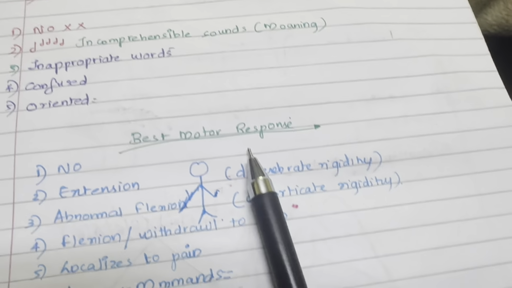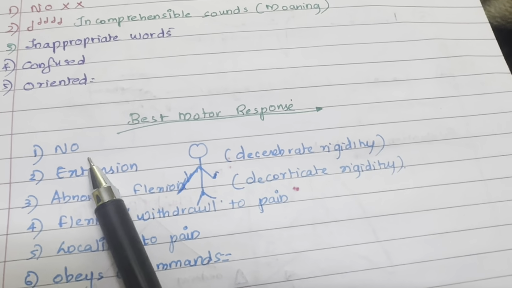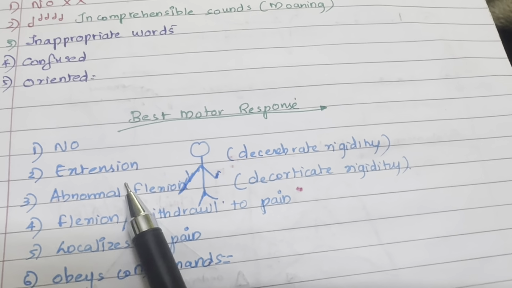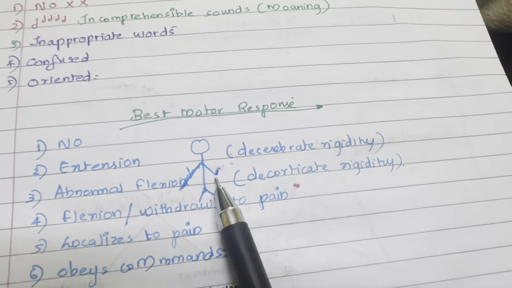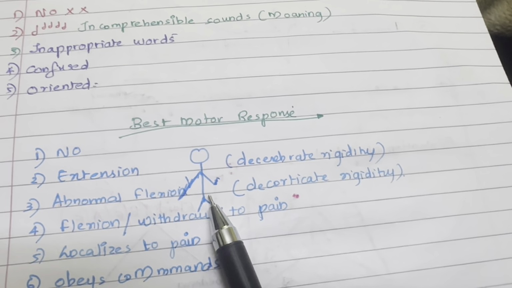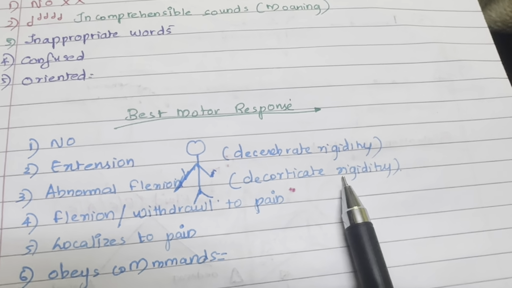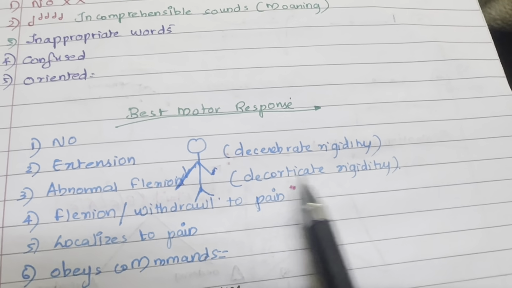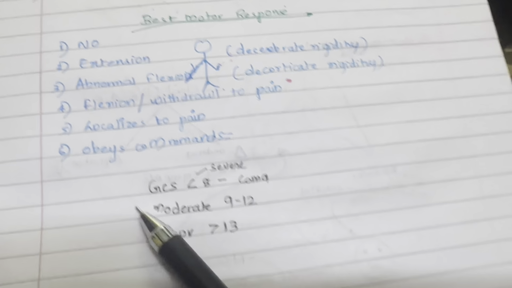Best motor response: no motor response, extension to pain (decerebrate rigidity), abnormal flexion to pain (decorticate rigidity), flexion withdrawal to pain, localizes to pain, obeys commands.